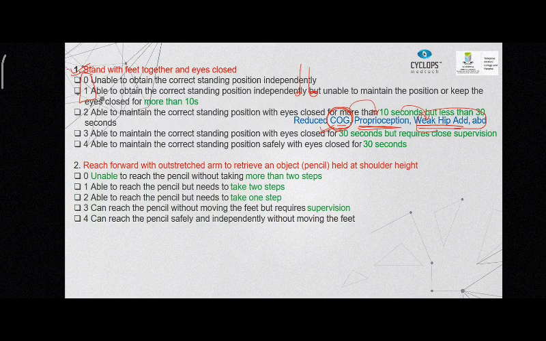If the patient is able to reach the pencil and takes 1 step, the score is 2. If he is able to reach the pencil without moving the feet but requires a little bit of supervision, the score is 3. And if he is able to reach without moving the feet, the score is 4, and it is normal.